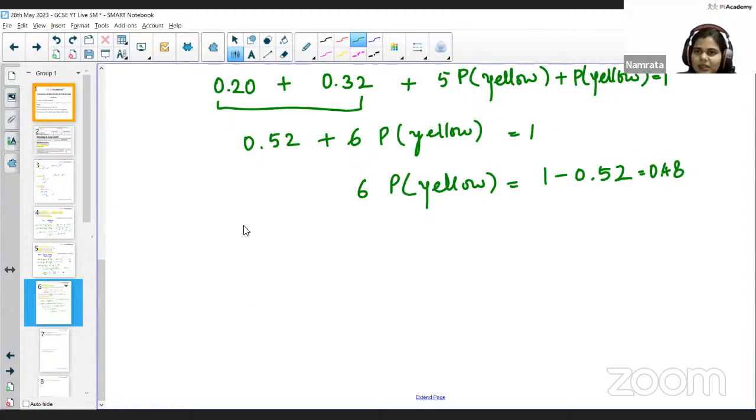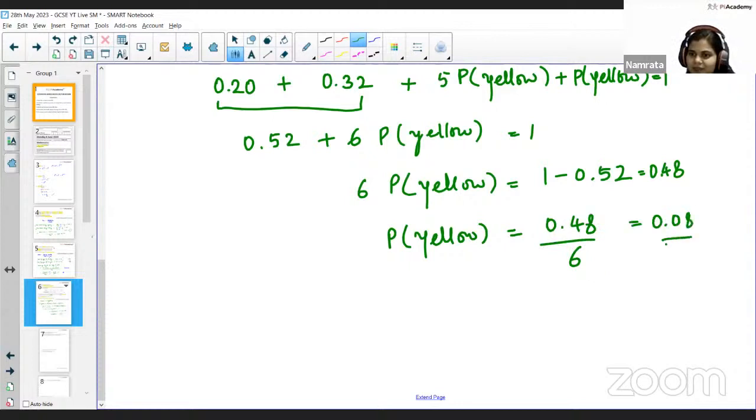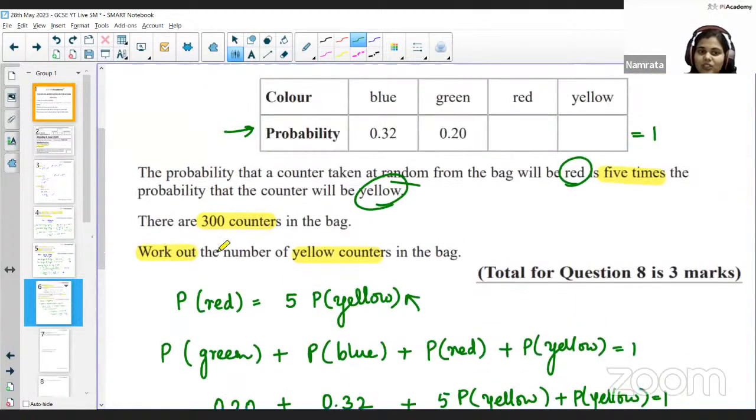0.48. Now we'll try and find out the probability for yellow. That would be 0.48 divided by 6. That is how much? 0.08. I believe, Rohan, you would have got the answer until now. However, our question is work out the number of yellow counters.